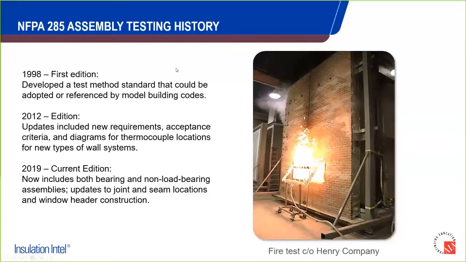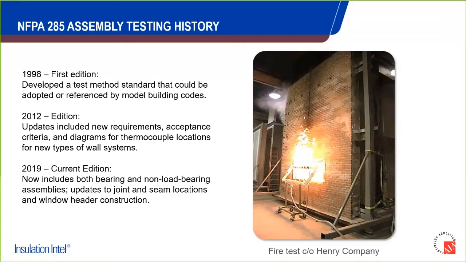So the history of the test: once they split off the NFPA 285 test, 1998 was the first edition. It developed this test method through a consensus process for determining the flammability characteristics of exterior non-load-bearing wall assemblies or panels. It started with non-load-bearing.